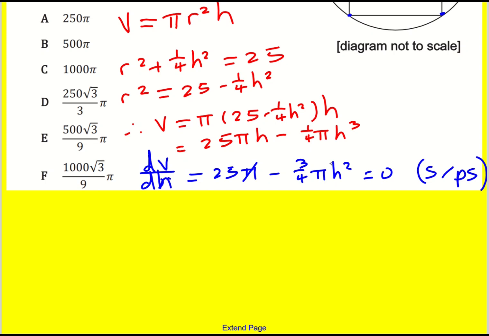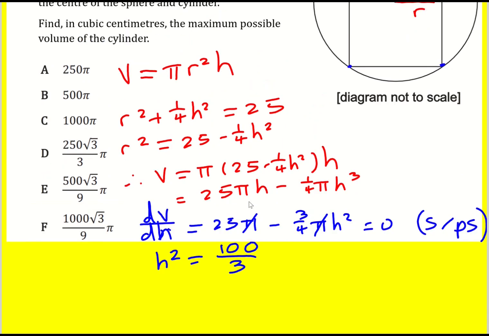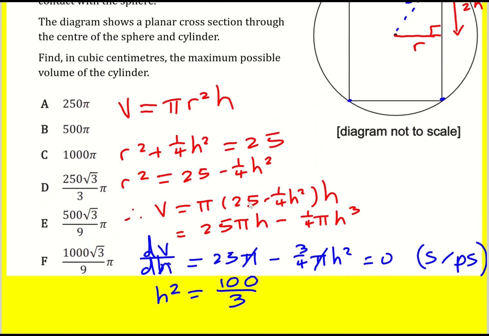I can cancel out the pi's, rearrange it, so 3 quarters h squared is 25, so h squared is going to equal 100 divided by 3.